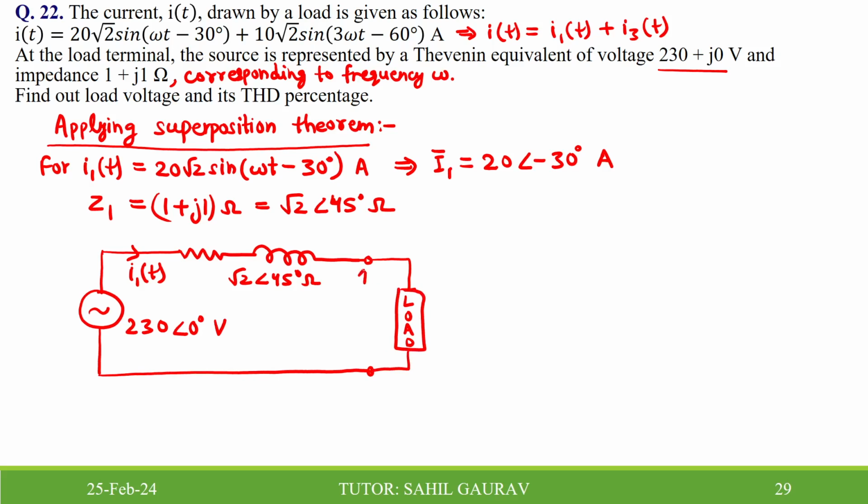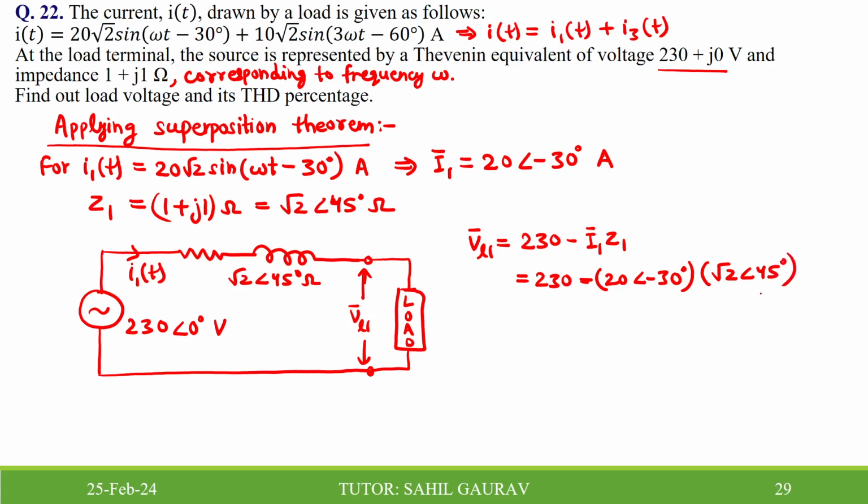So take it as VL1. VL1 will come as 230 minus I1 bar Z1. So it is 230 minus 20 at the angle of minus 30 degree times 1 plus J1 ohm, which is root 2 at the angle of 45 degree.